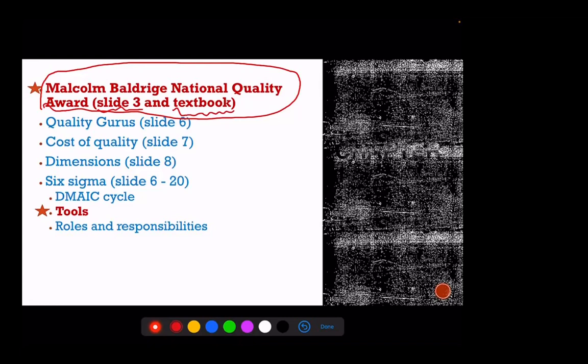The second thing, please review the table I gave you on slide 6. This table gives you most of the important leaders, their ideas and thoughts about quality management. TQM, Six Sigma, and the other ways we manage quality actually come from those ideas.